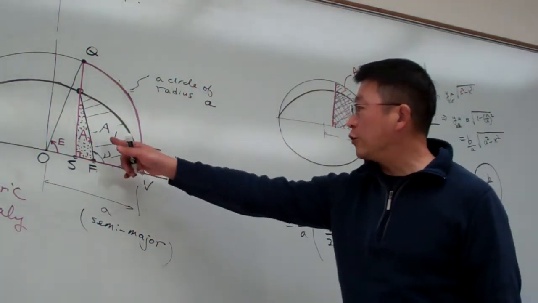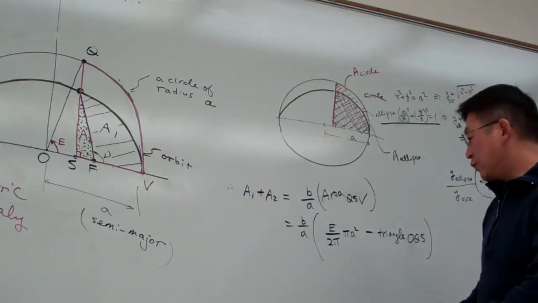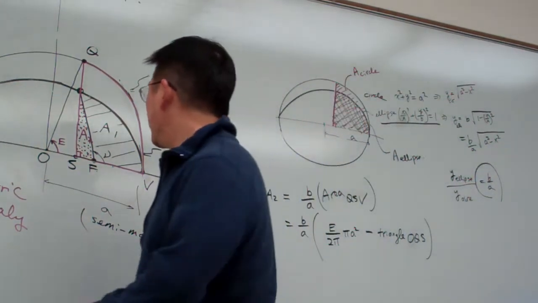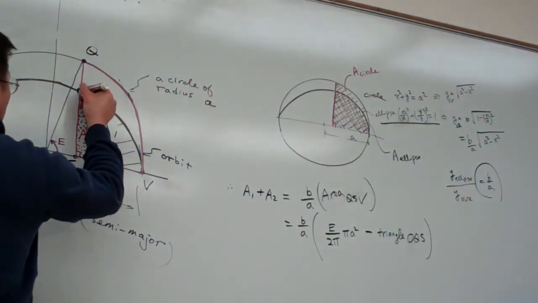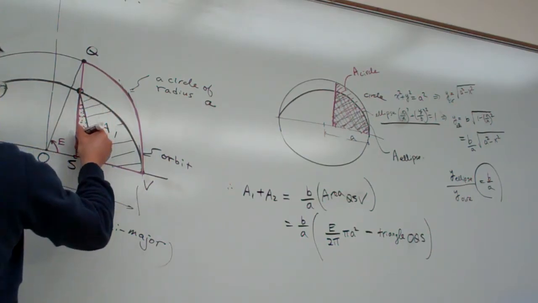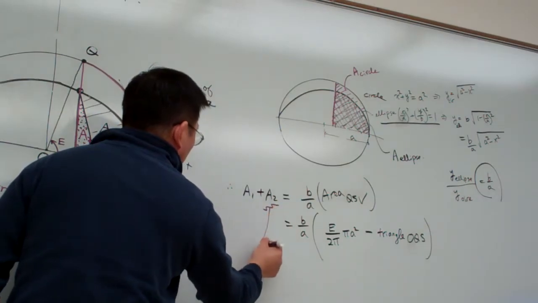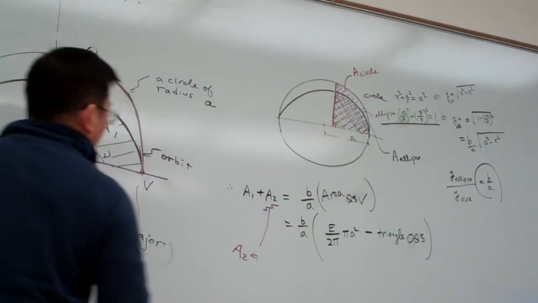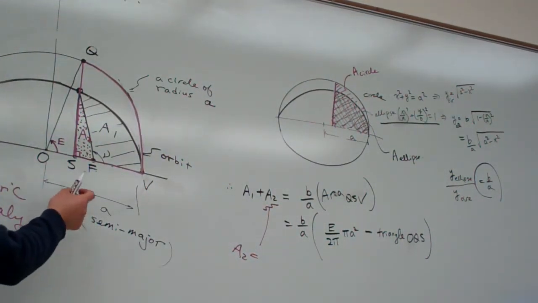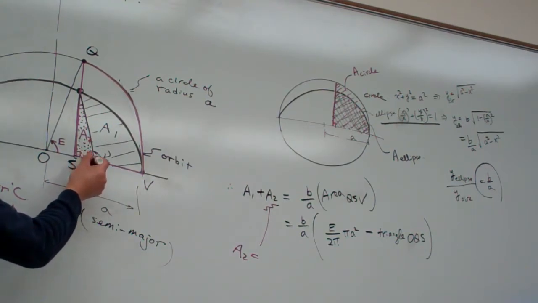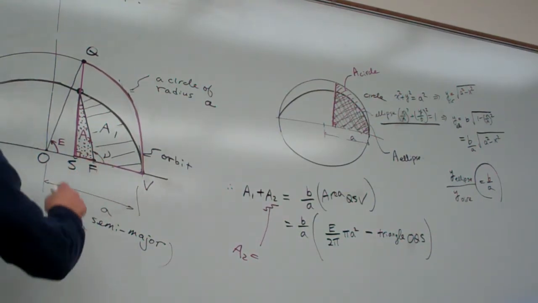So now our goal is to calculate A1. So what is A2 here? A2 is this triangle here, and what is this height? So here I want to formulate what is A2. A2 simply is equal to half of the base multiplied with the height.